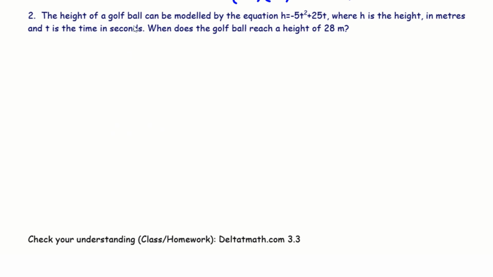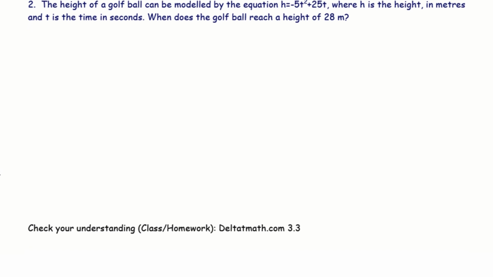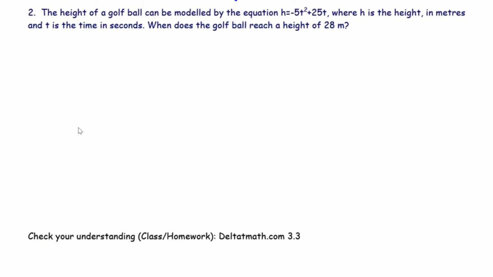So now we are going to see where we can use it in a real-world application. The height of a golf ball can be modeled by the equation h equals negative 5t squared plus 25t, where h is the height in meters and t is the time in seconds. It asks when does the golf ball reach a height of 28 meters. So this is a height.